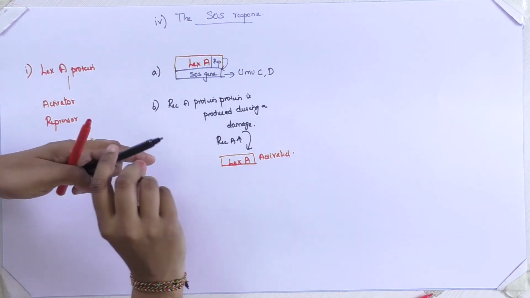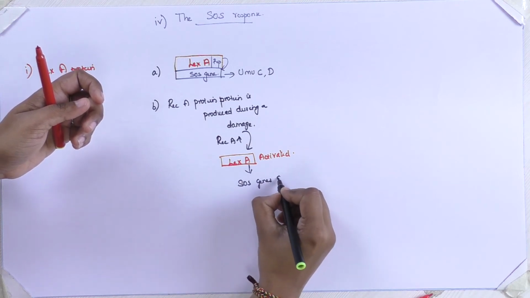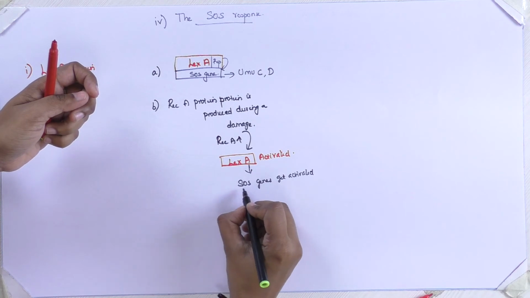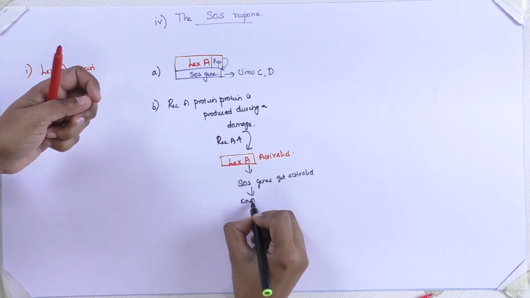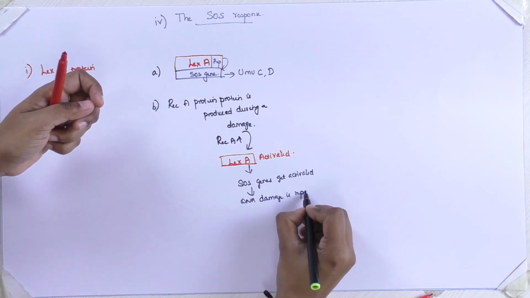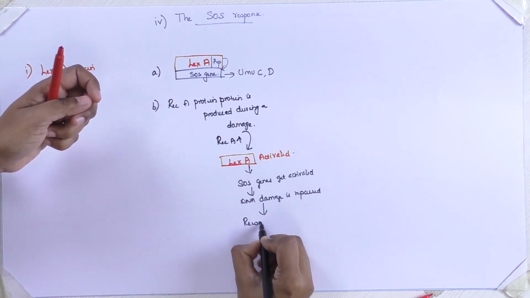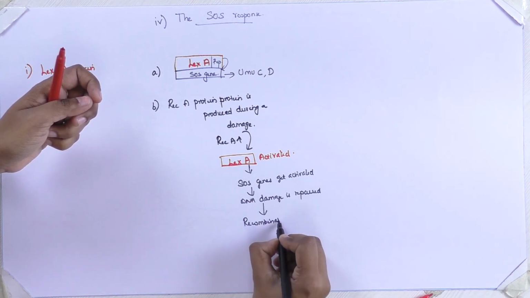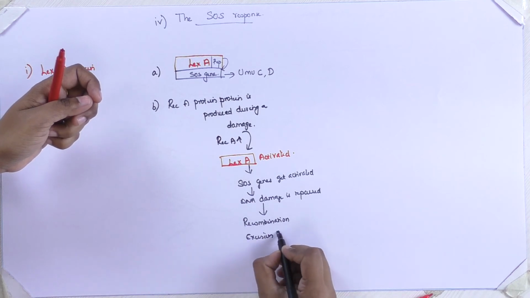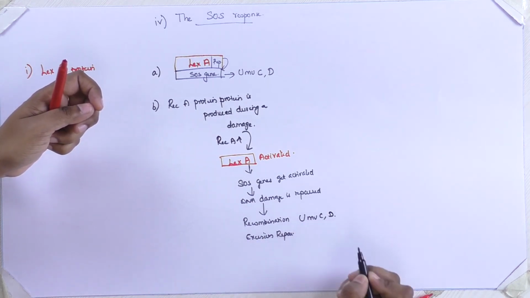If it is getting activated, your SOS gene gets activated. Thus, your DNA damages will be repaired. So it will undergo recombination, excision repair. But the only thing is the genes involved here are U, M, U, C, D, right?